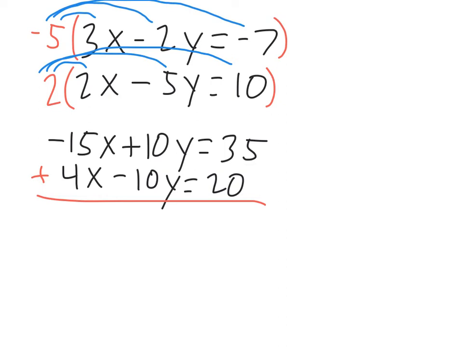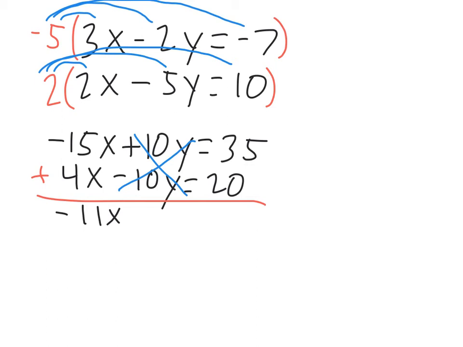So negative 15x plus 4x is a negative 11x. 10y plus negative 10y, well, those are opposites, so those cancel. They become 0, but they're gone.